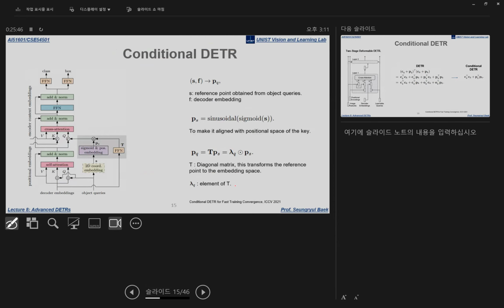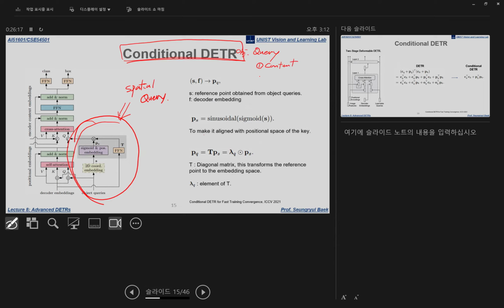So here, in the Conditional DETR, they want to involve this right part. And in this part, what they are doing is making some spatial query. So in Conditional DETR, they want to divide the object query signals into 2 types. One is the content query, and the other is the spatial query. Okay.